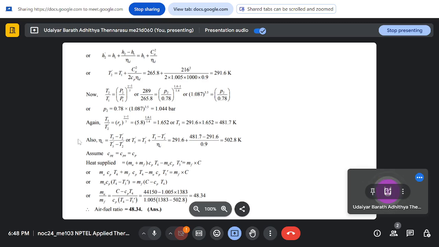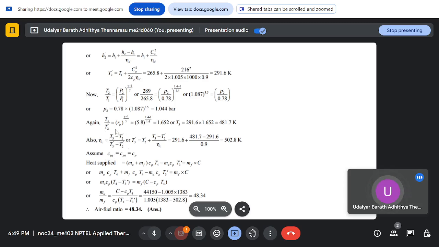Again, now applying compressor efficiency. T3 minus T2 dash, which is ideal, divided by actual. Diffuser and compressor will have the same formula, ideal divided by actual, and for work producing devices like the nozzle it will be actual divided by ideal. So here T3 minus T2 dash divided by T3 dash, which is the actual compressor exit temperature, minus T2 dash.